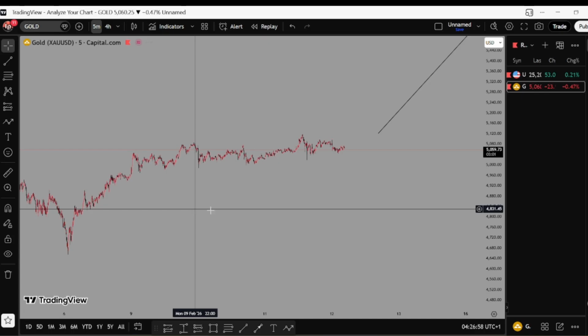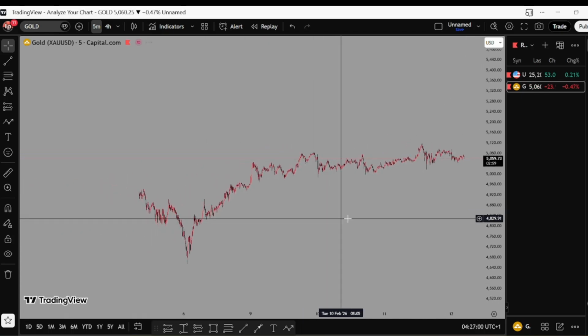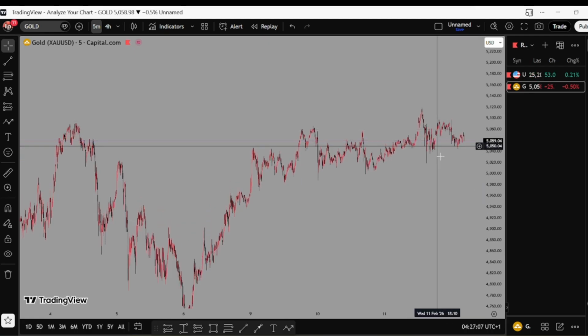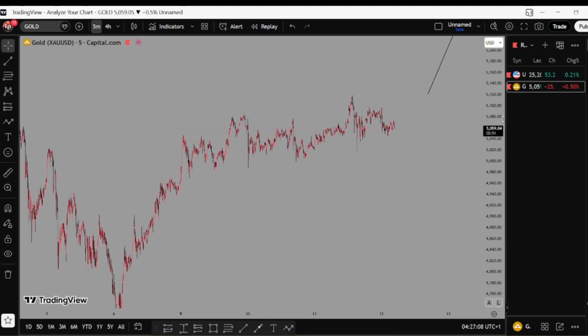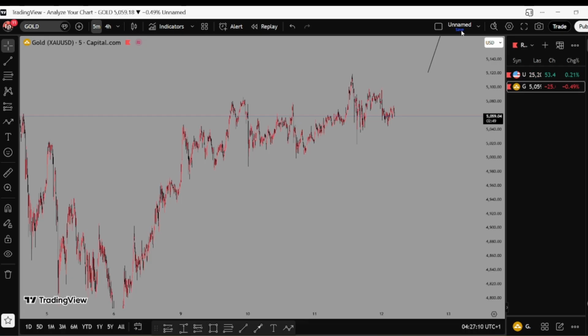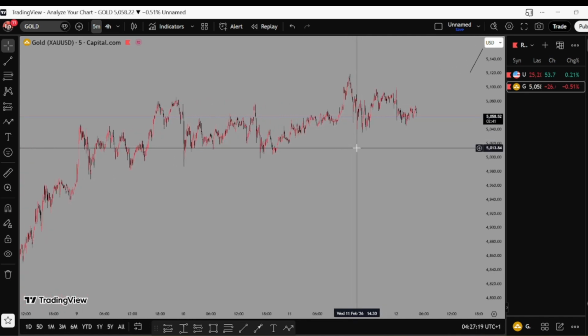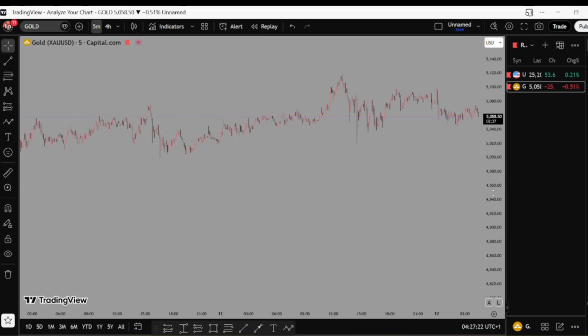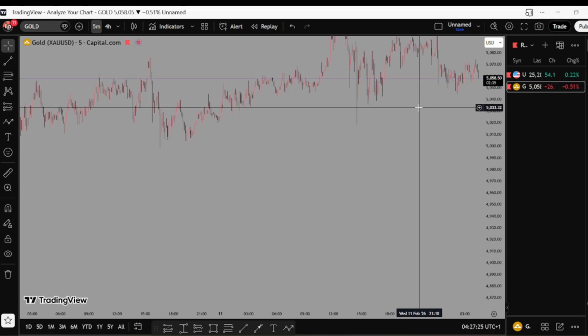The 5 minutes is for day traders' entries. If you're looking for entries on the lower time frame, you head to a smaller time frame, but most of the time the higher time frame is better, because there's a lot of noise in the 5 minutes. So let's say you are a day trader.